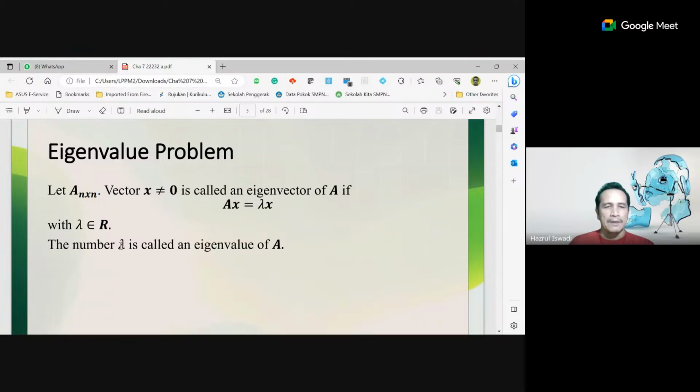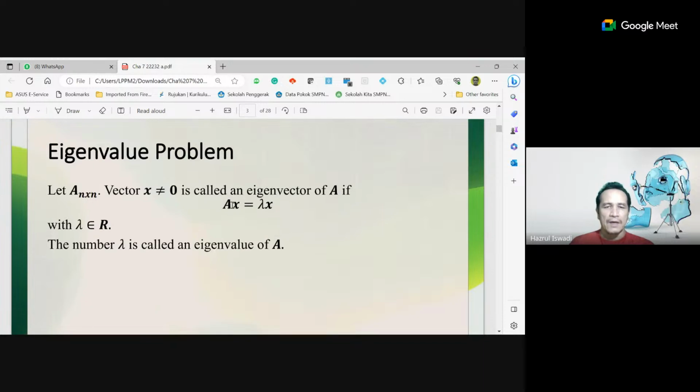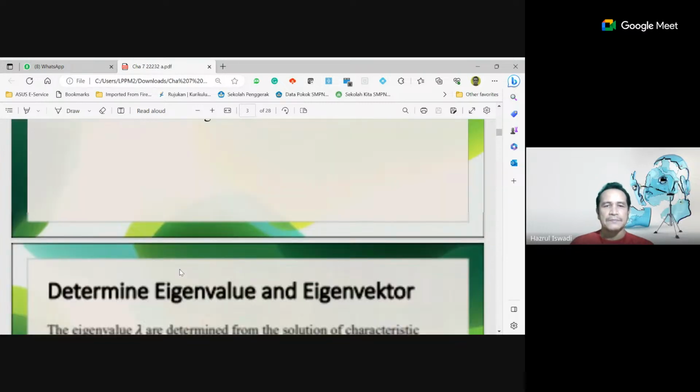The number lambda is called an eigenvalue of A. So we are calculating x and lambda, and how to calculate or determine the eigenvalues and eigenvectors.